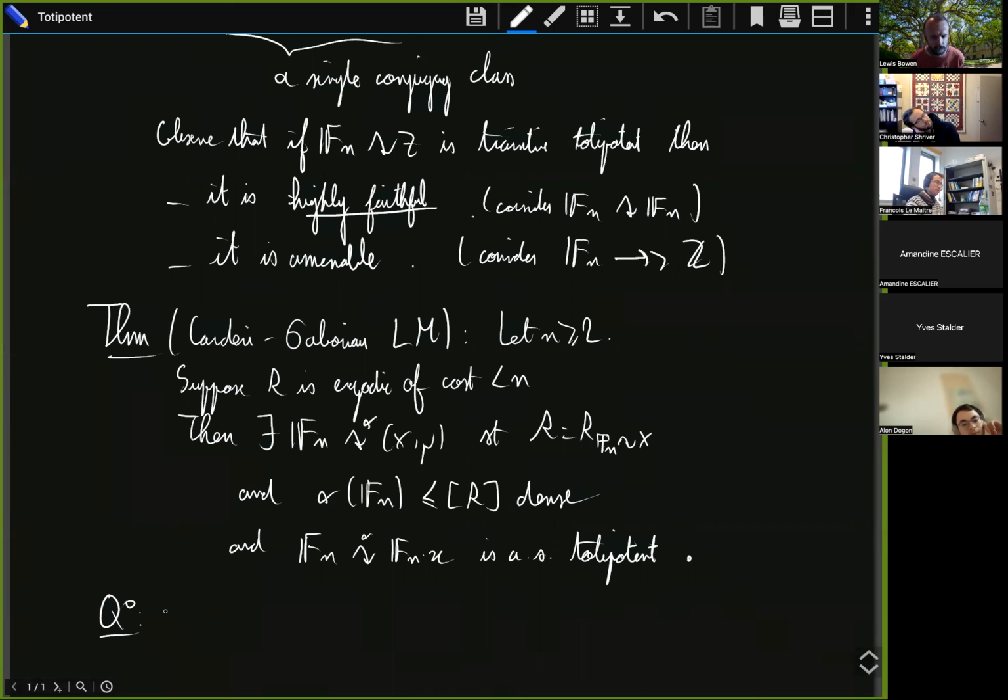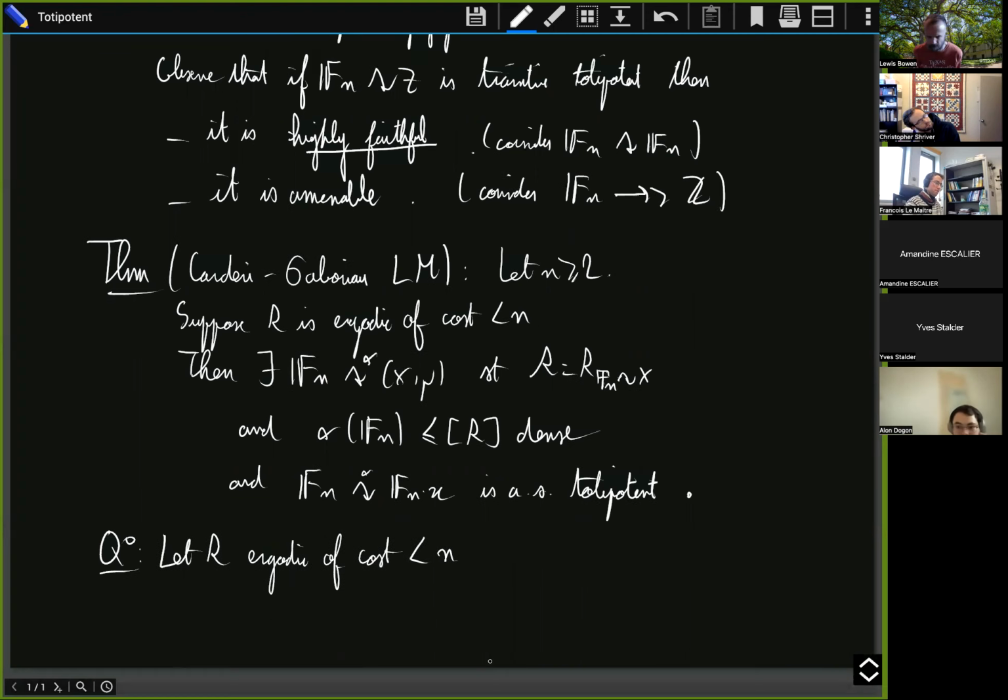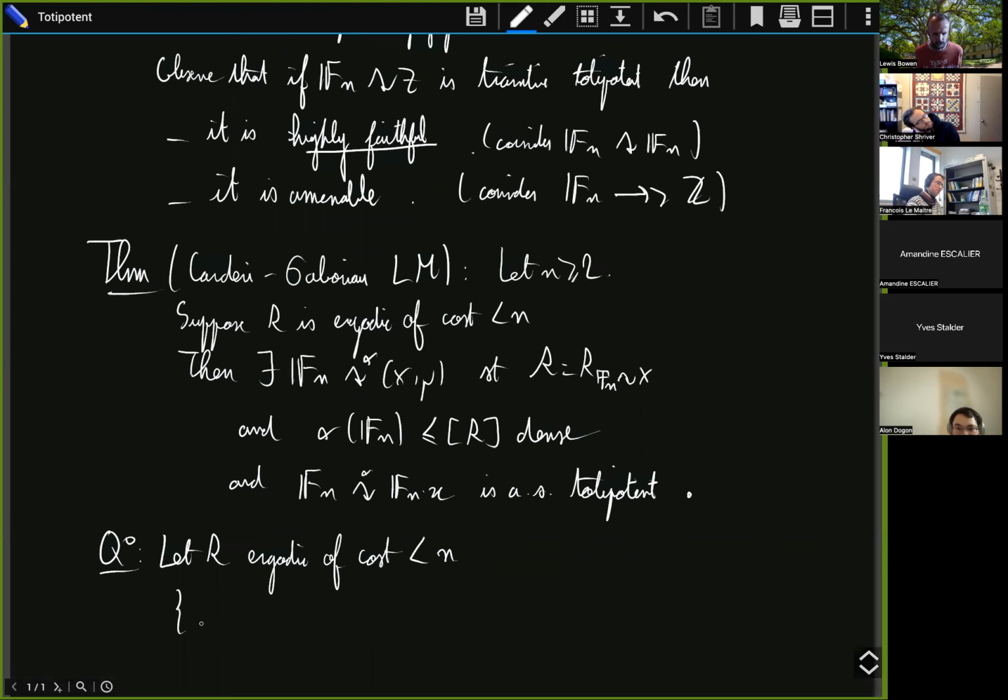So let R be ergodic of cost less than n. Then we can consider the space of alpha, actions of Fn on X, such that R is equal to R_Fn. And you can show that this is a Polish space.